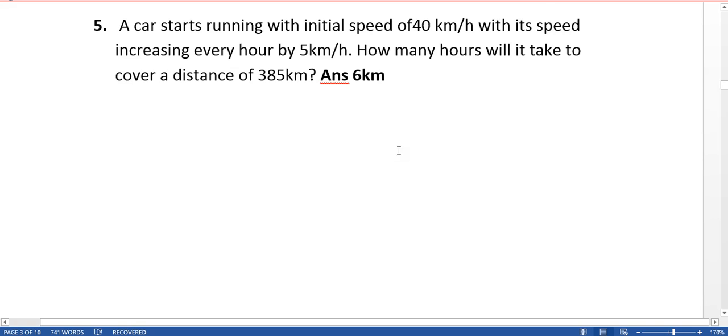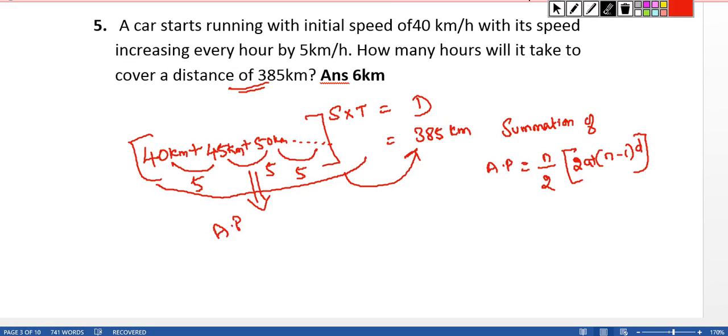Okay, let's resume from where we left. So this is actually the formula for the summation of AP. When you sum all these things, you're going to get 385 kilometers.